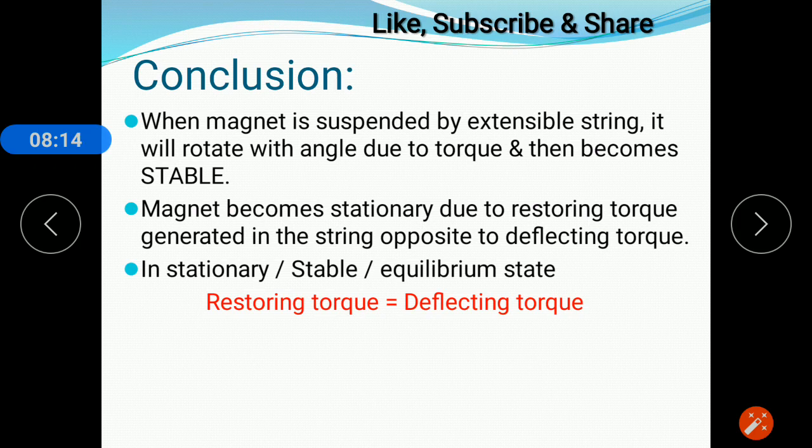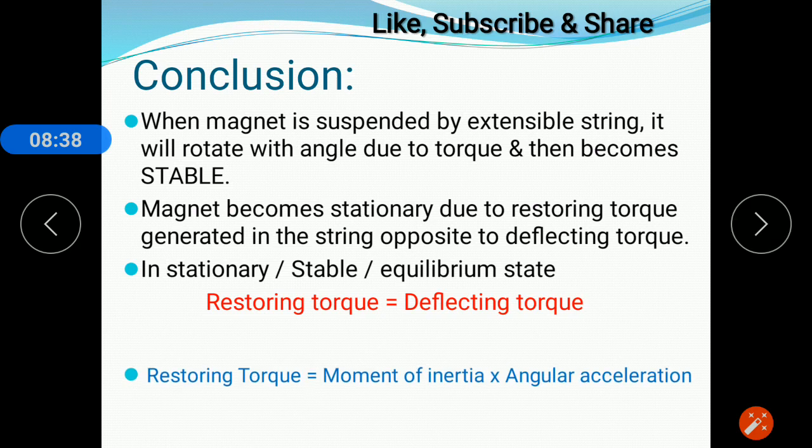But when we leave the bar magnet, the string comes back to its original position due to its internal force, which we call the restoring torque. So at equilibrium, the restoring torque is equal to the deflecting torque.